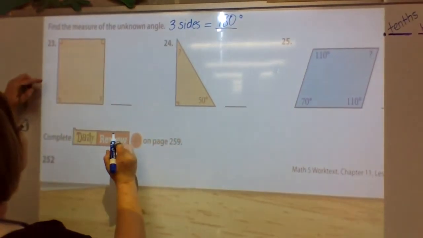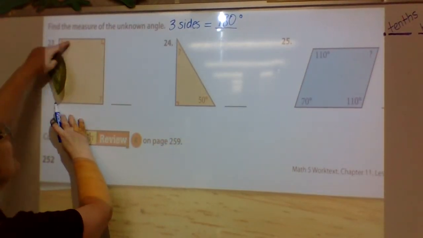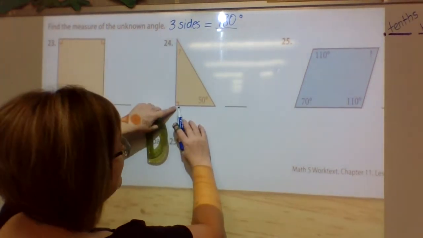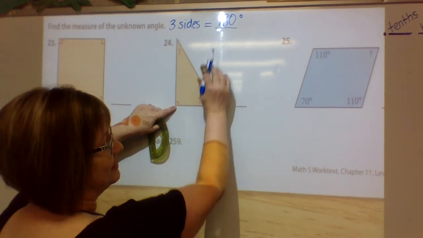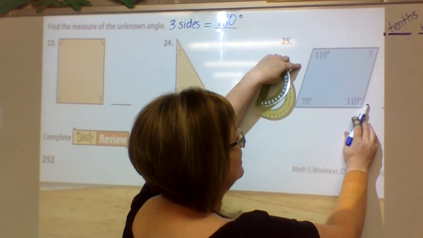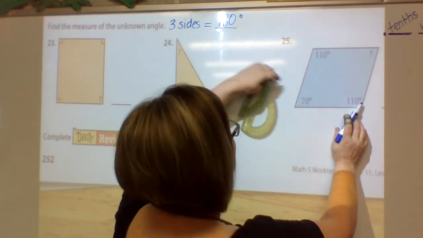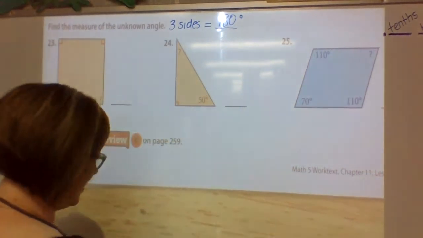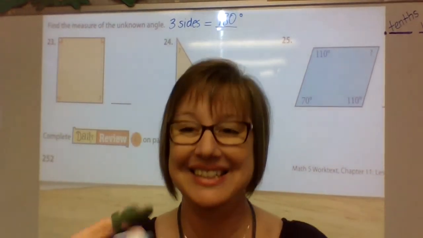So add, you should know what those are, and subtract it from 180. You should know what that one is. Add it to that one. Subtract from 180. Those 3 give them all to you. Okay, so add those up and subtract from 180 to give you that one. And then just write it on the blank. Okay? Easy peasy. See you tomorrow.